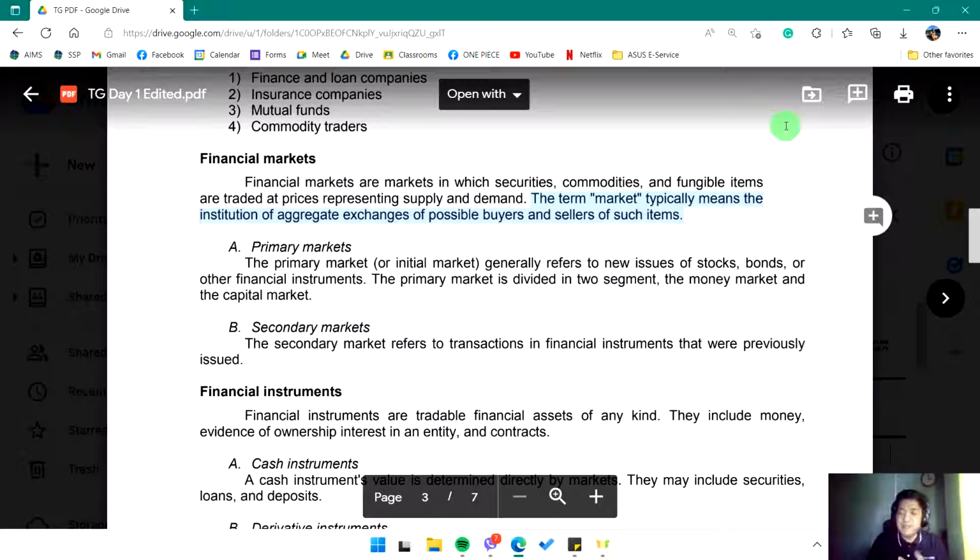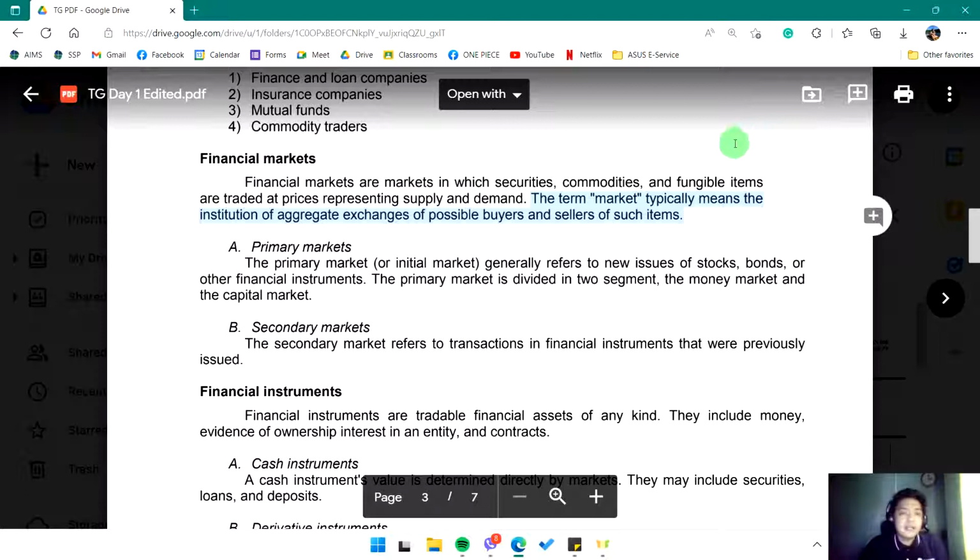Mga information about them, like sino ba sila, gaano ba sila kadami, how will you categorize them, buyers and sellers of such, and everything else. Kaya mahalaga din na pag-usapan natin when it comes to business yung ating mga target market. Based from the term itself, target market, ito yung market na target mong bumili ng mga produkto mo. So first, you have to identify your target market, kung sino nga ba yung mga possible na buyers ng product mo, and so on and so forth.